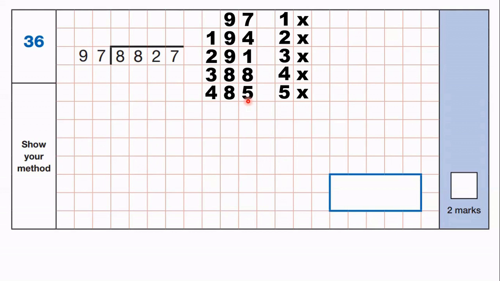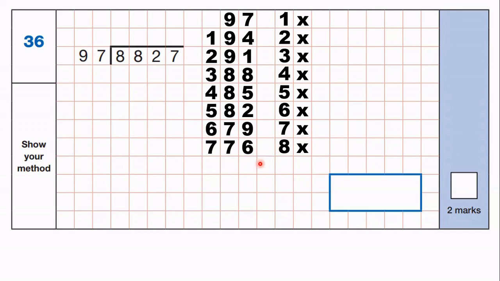So let's keep going. Add 100 is 585, take away 3 is 582 for 6 times. Add 100 is 682, take away 3 is 679 for 7 times. Add 100 is 779, take away 3 is 776 for 8 times. Add 100 is 876, take away 3 is 873 for 9 times.